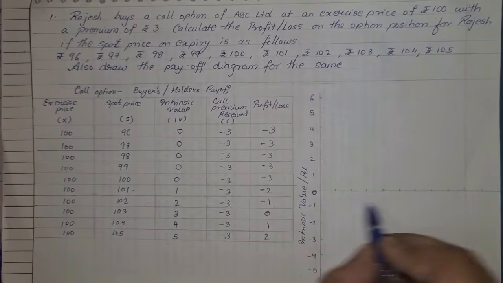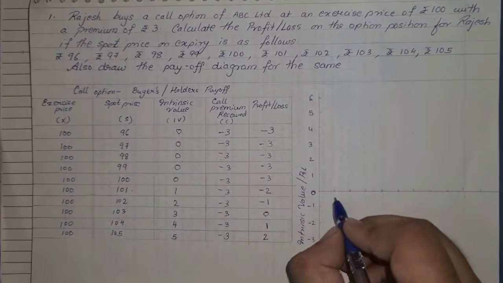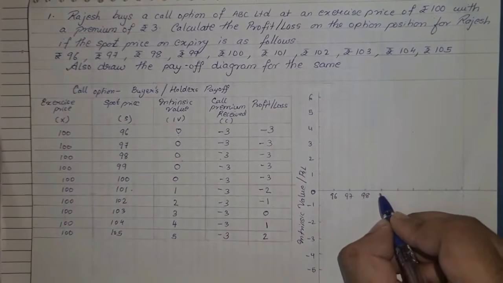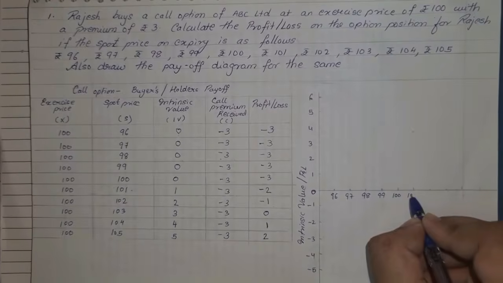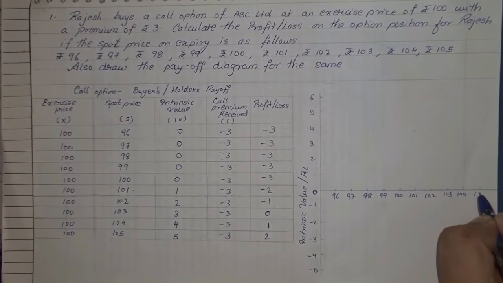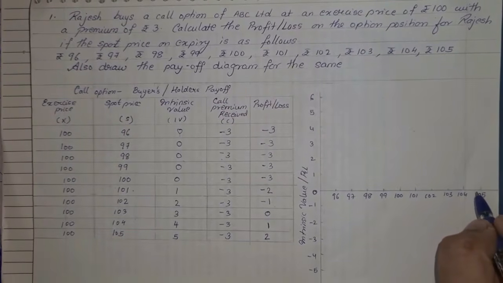Now the x-axis contains your spot prices. Our spot price was starting from 96: 96, 97, 98, 99, 100, 101, 102, 103, 104 and 105. Now let us start marking the points given to us.